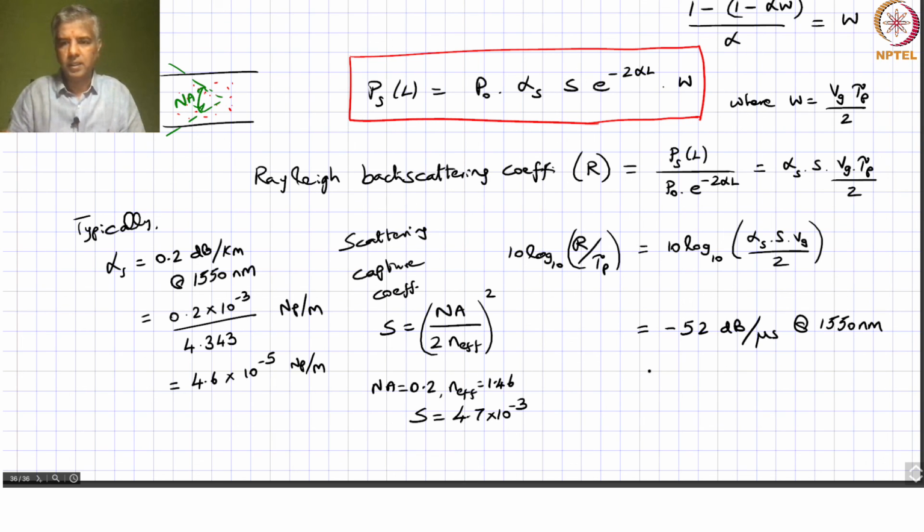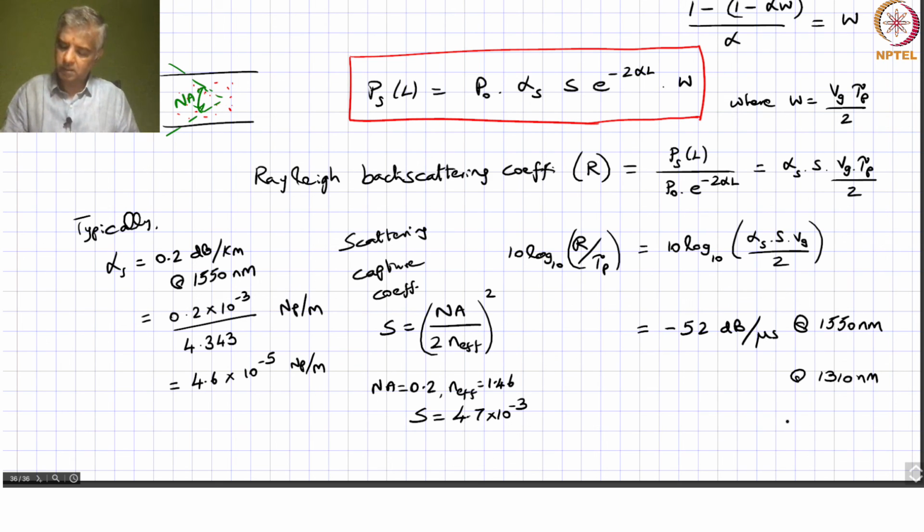Now the other wavelength typically used, for example in telecommunication applications, is 1310 nanometer. If you want to find the backscattering coefficient at 1310 nanometer, knowing what it is at 1550 nanometer, all you have to consider is that the backscatter coefficient is inversely proportional to the 4th power of lambda.